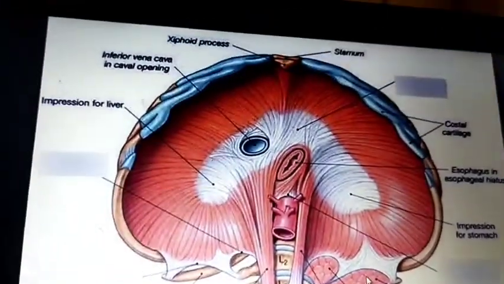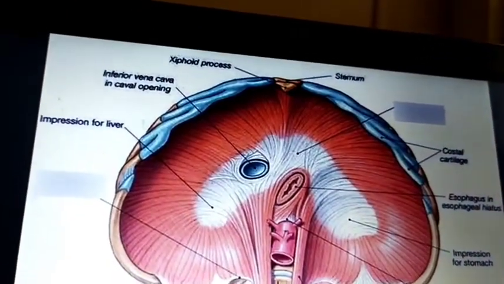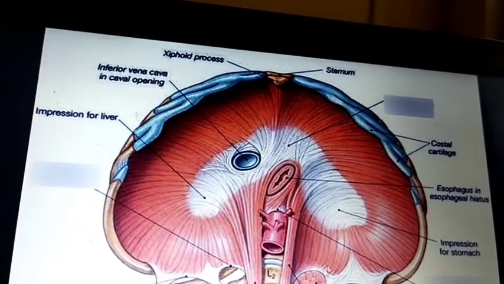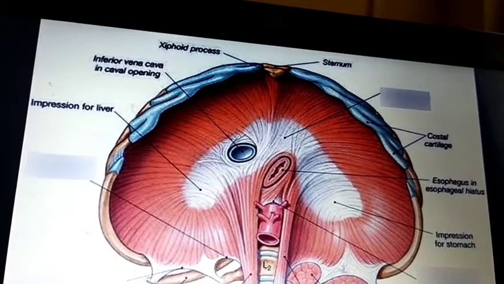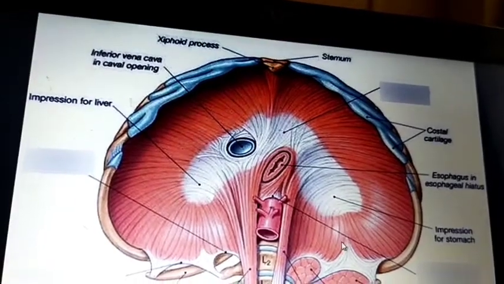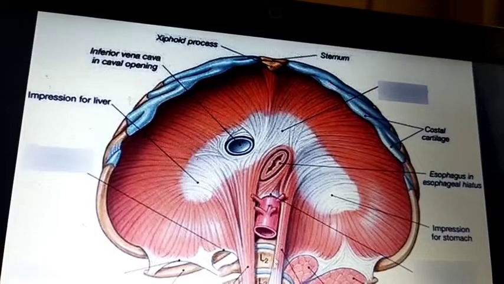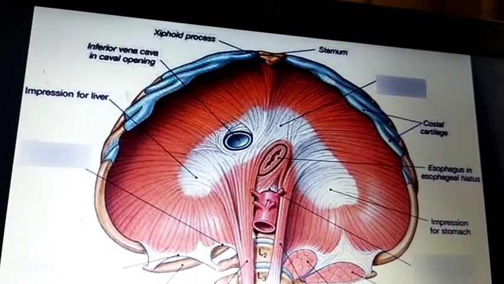This forms the posterior wall of the abdomen. These are the origins, and this part is from the medial lumbosacral origin, and this part is the lateral lumbosacral origin, and this is the median, from the right crus and left crus, and you can see here.